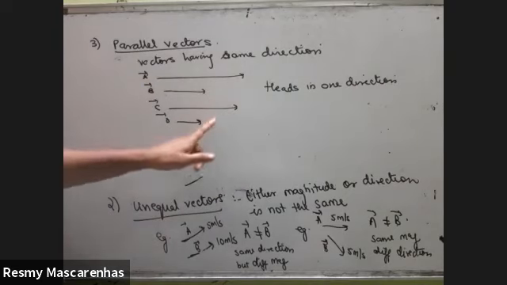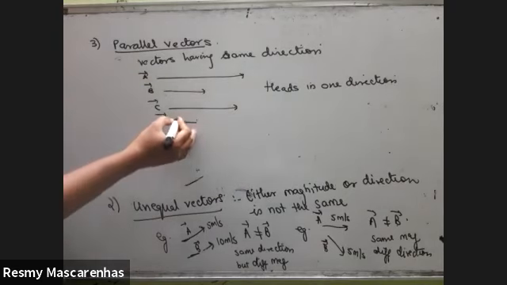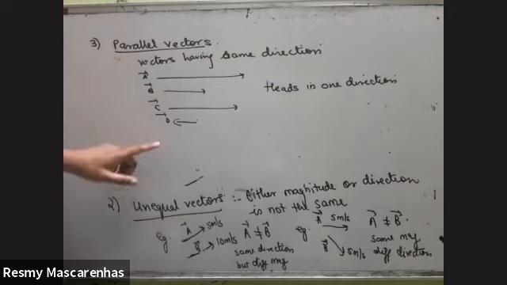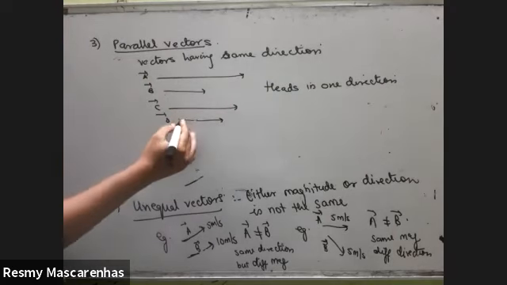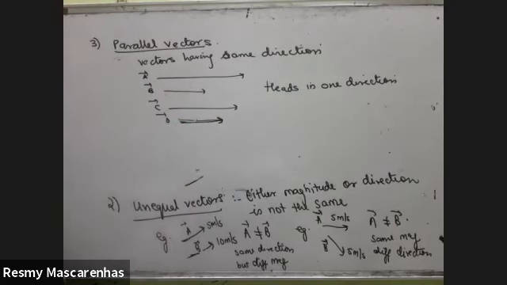Head should be all this side. Even if one of them is like this, reversed, then it will become anti-parallel, which we'll see in the next case. So the condition for parallel is they should all follow the same direction, meaning wherever the head is going.